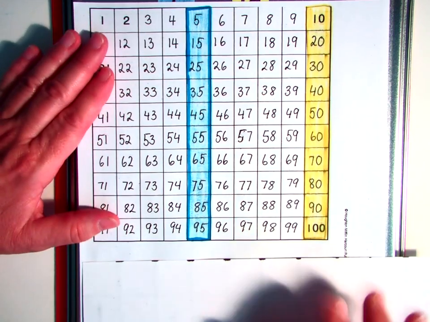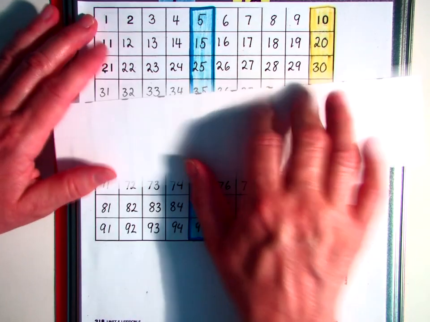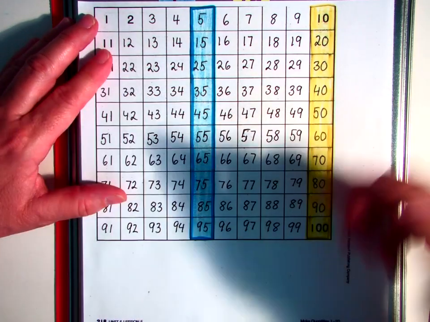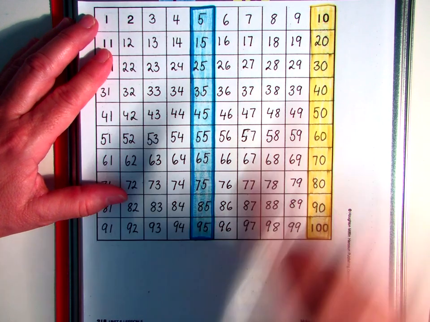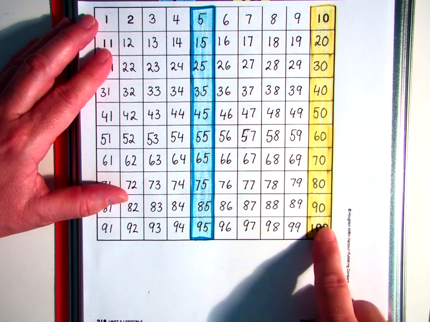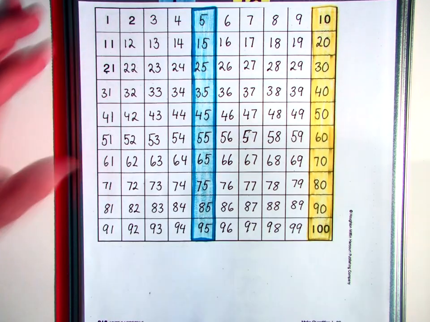Now, one thing that we learned yesterday was to count by fives, and if you did what I asked you to do, you probably colored the middle row going down and the end row going down because that helps us count by fives.